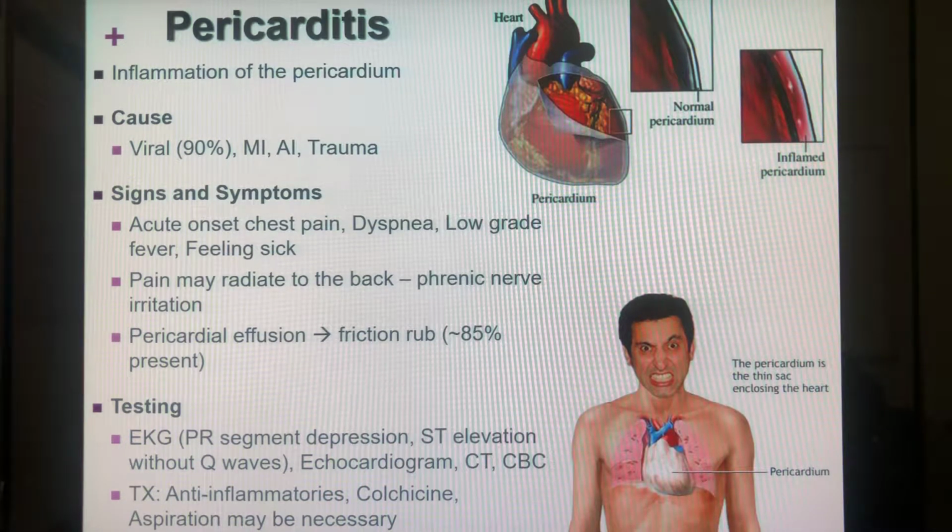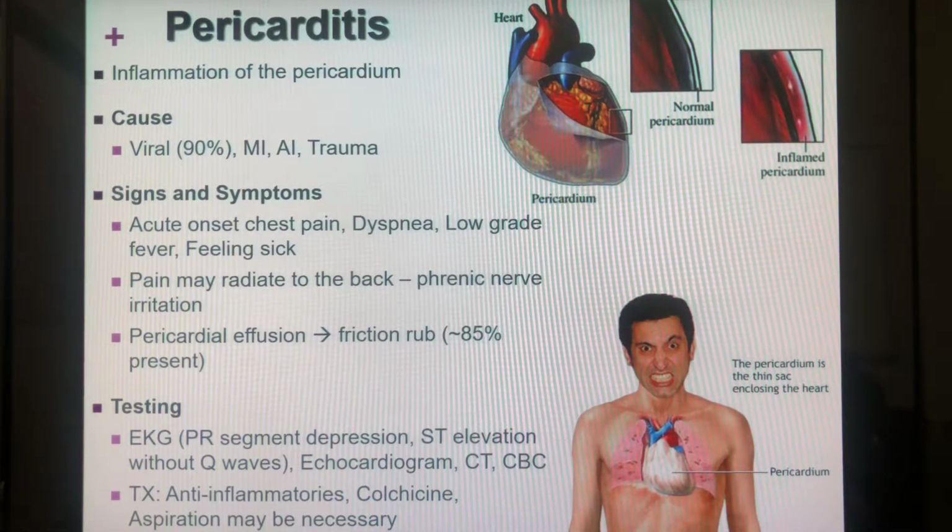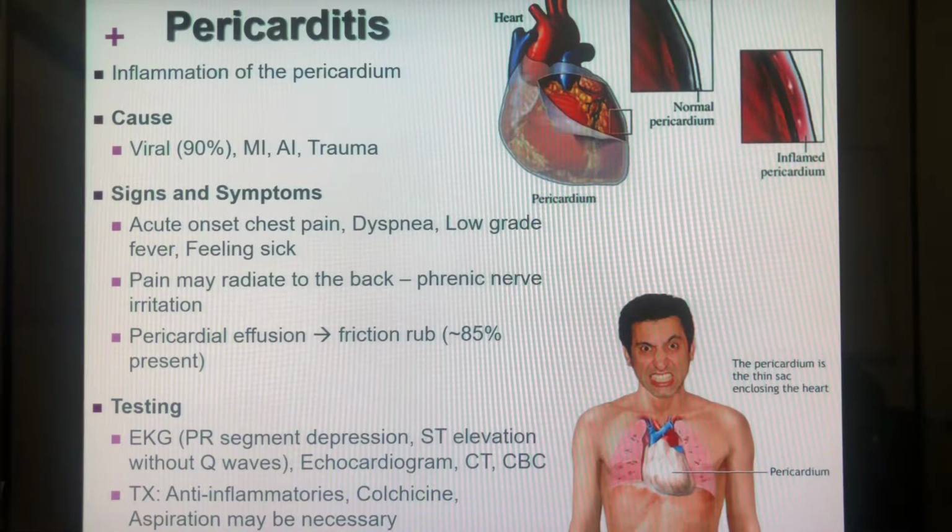So what they say is that you can hear a friction rub, and I don't know how to make that sound, but it's basically a scraping sound that you can kind of hear every time that heart beats. Okay, so they call it a pericardial friction rub, and you can actually hear that.